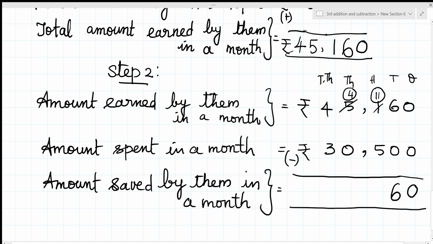Now subtract 11 minus 5, it is 6. Now move to the 1000 place, 4 minus 0, it is 4. And 10,000 place, 4 minus 3, it is 1. Now we got the answer. So how much they saved in a month? It is 14,660. Let us write the answer.